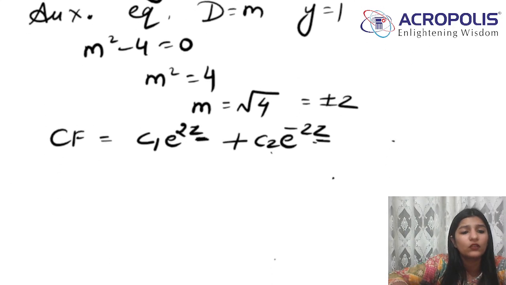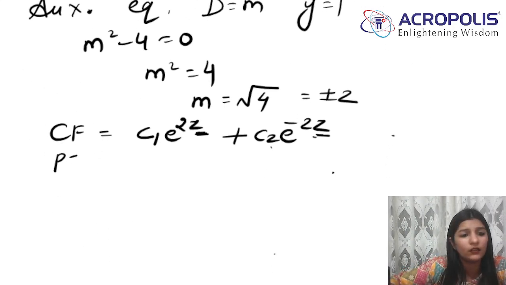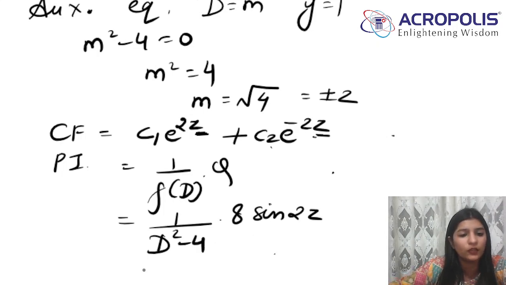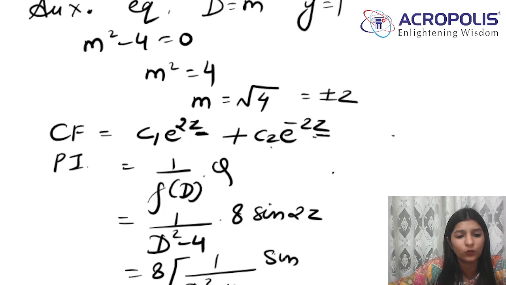Now find out the PI. The formula of PI is 1 upon f(D) into Q, 1 by D square minus 4 into 8 sine 2z. 8 is constant, so 1 upon D square minus 4 sine 2z.